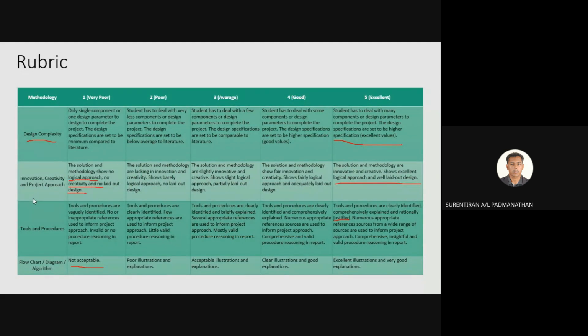So we are referring to the rubric here, right? Make sure you can achieve at least a good research methodology. If we can achieve this, it can be considered a very good research methodology.